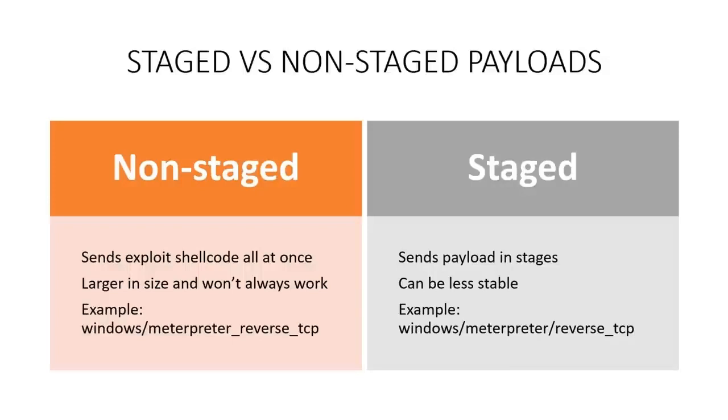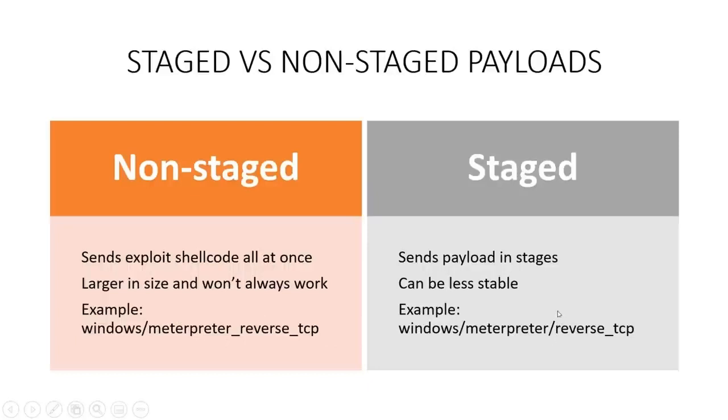The non-staged payload is larger in size and it doesn't always work, where the staged payload can actually be less stable. So each has its con. And we have an example of it. And this is really what I want to point out: we have this non-staged payload and we have a staged payload. And do you see the one difference between the two? All it is is a /.